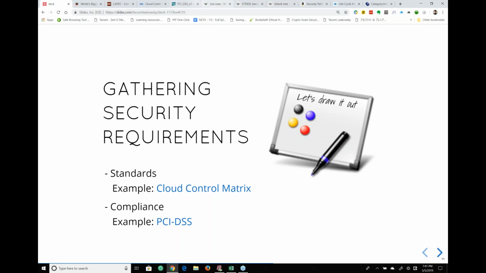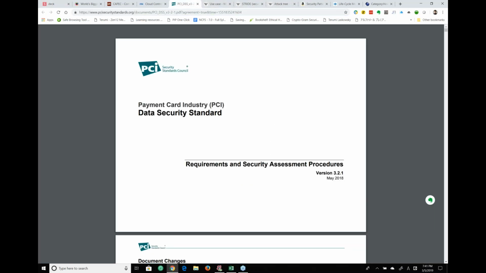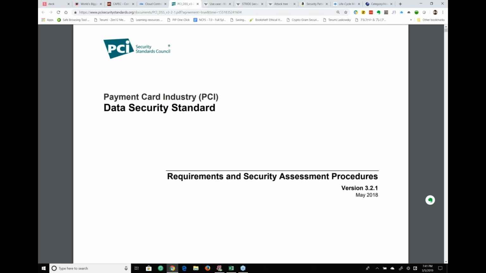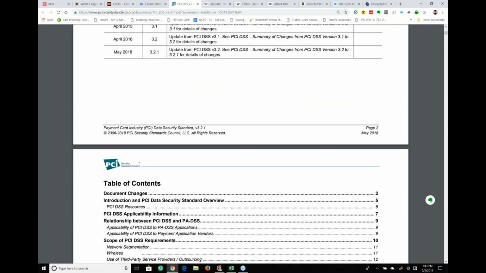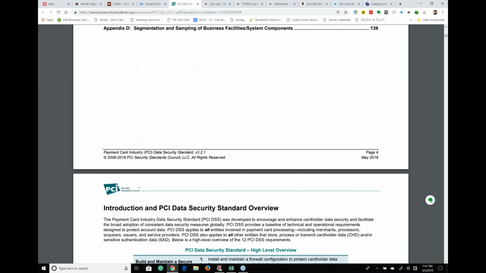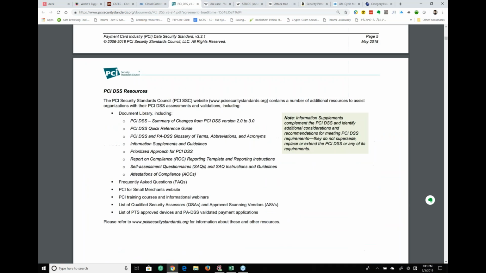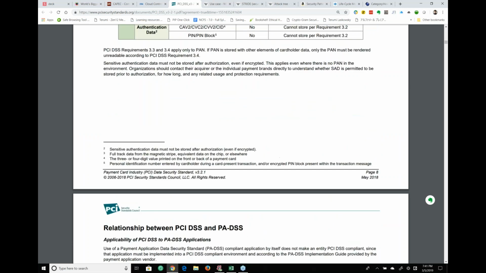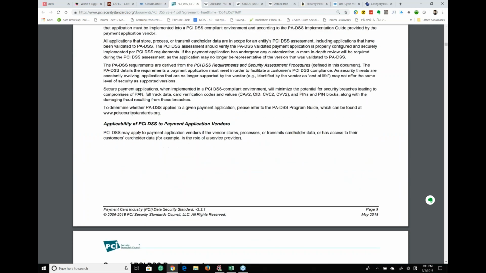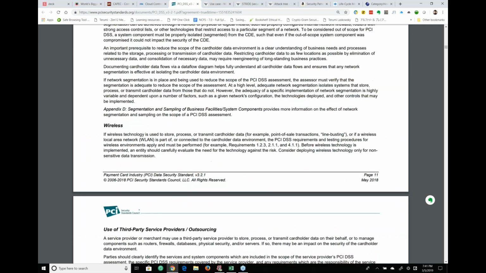Let's see here. Oh, there it is right here. So a PCI DSS document is available for everyone. If you happen to be creating something for PCI credit card information, there's a whole set of requirements for the systems, and it's in this document. I'm kind of going through this quickly, but it's there for you as a reference.